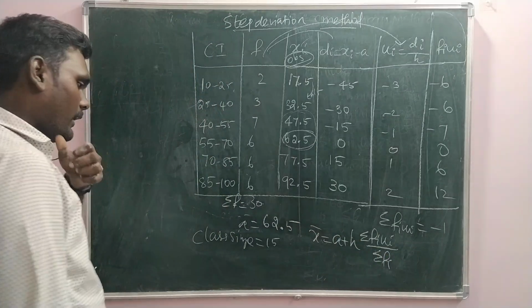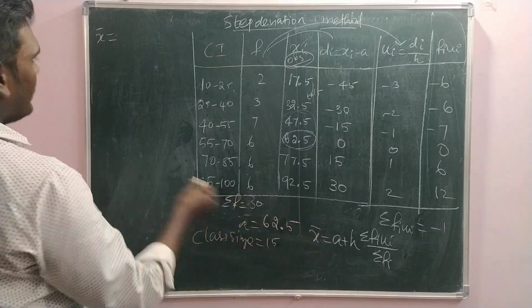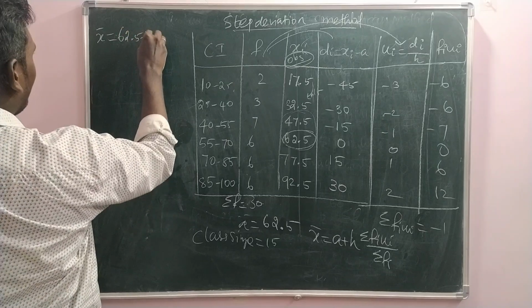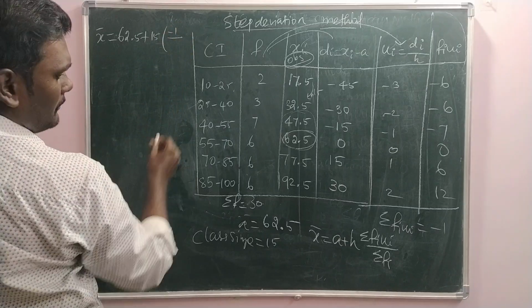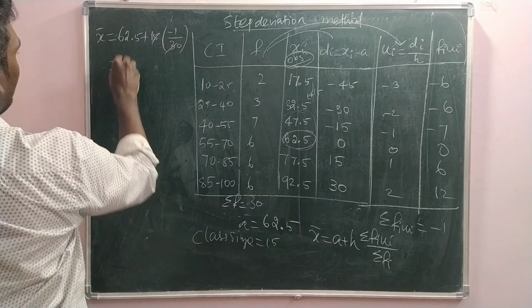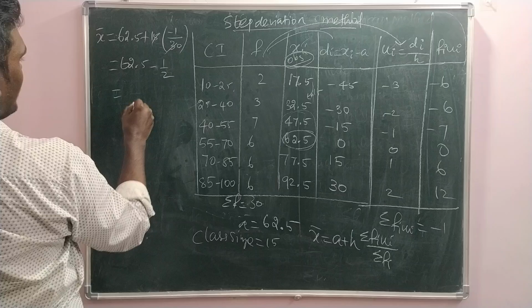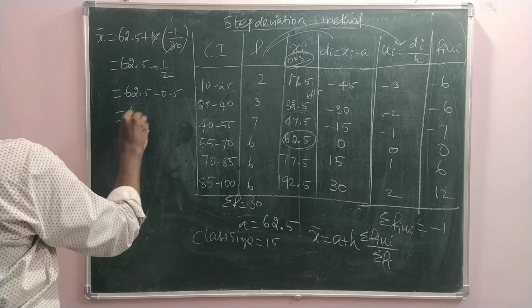So now substitute these values. x bar is equal to A, the assumed mean, same as the last, plus h is 15, and then sigma fi ui is minus 1 by sigma fi is 30. Then simplify this. We have 62.5 minus 1 by 2, which is 62.5 minus 0.5. So the answer is 62.